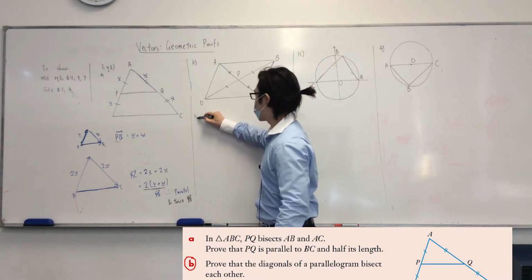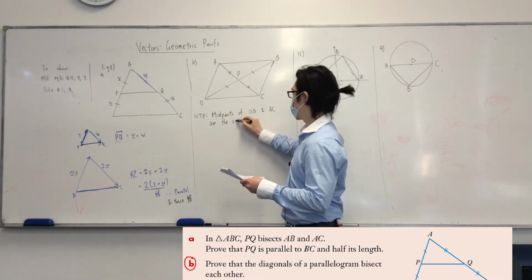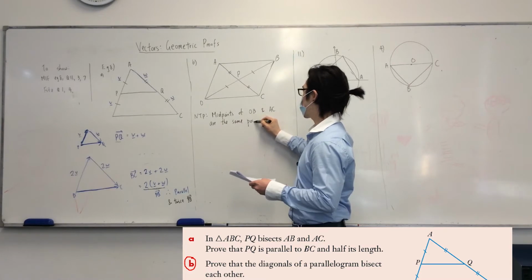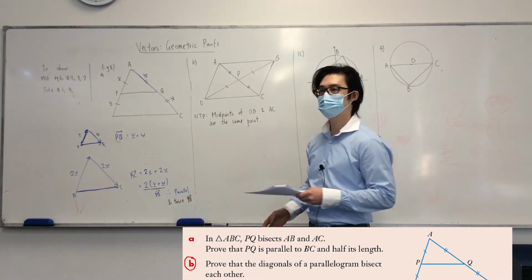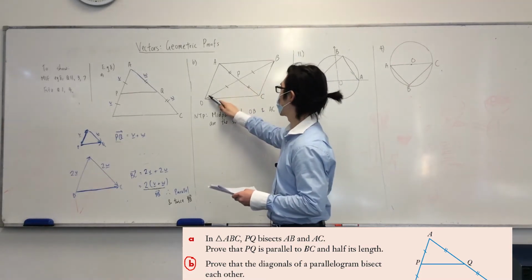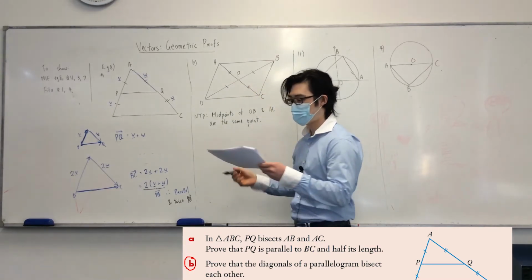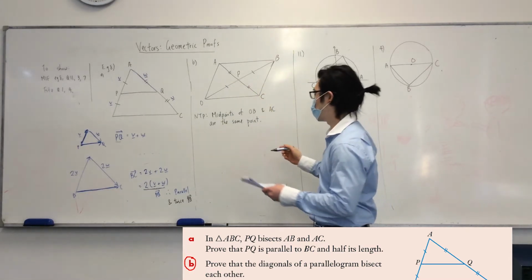So NTP, need to prove. Would you agree this would be a way to prove it? Because you're looking at it this way, and then you're looking at it this way. But in terms of the vector, it's actually not that easy to see what to do.